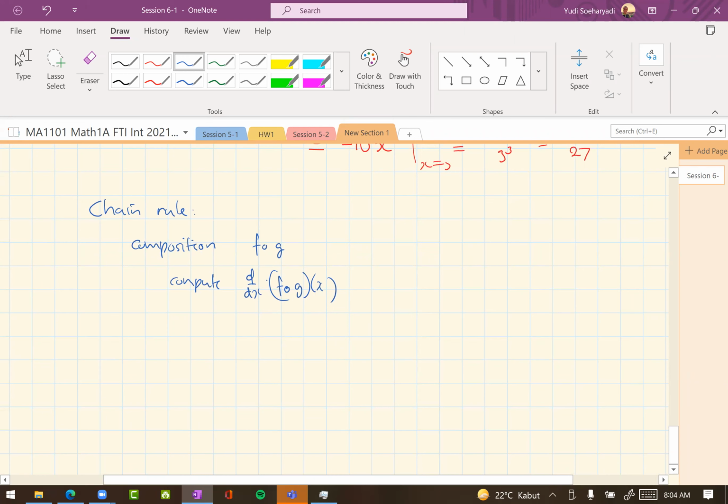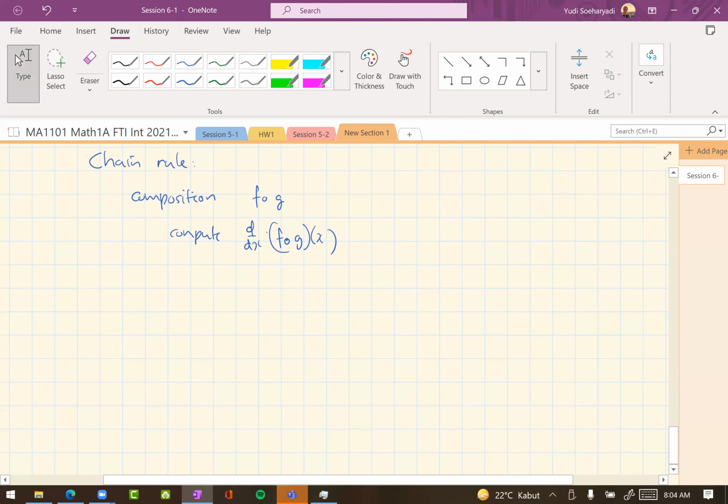Now, to be able to see how this gets more complicated, let's compute this one first, for example. How do we compute this?